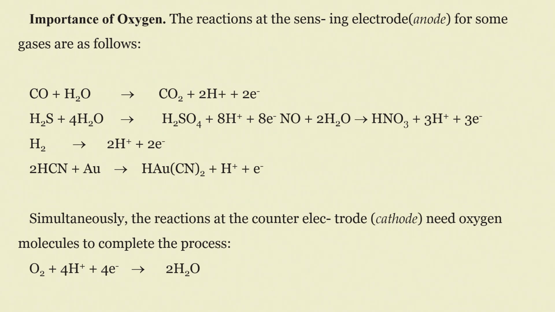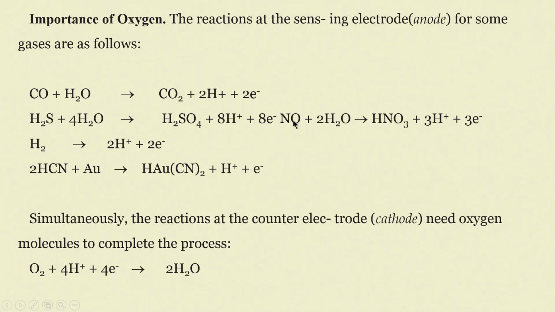For example, if there is carbon monoxide and water vapor, you will definitely end up with carbon dioxide and hydrogen ions plus 2 electrons. This is a very well known reaction, and if you have H2S and water, there will be formation of H2SO4 plus 8 H plus 8 electrons.